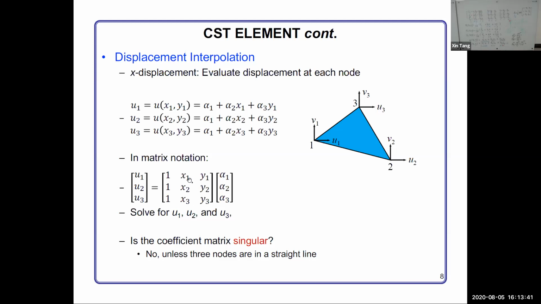Now we also explained the physical meaning of the matrix in front of the alpha vector. This is actually the transformation matrix, and the determinant of this matrix equals 2 times the area of this triangle element. Depending on what kind of elements you use, for triangle elements, the physical meaning is the area.